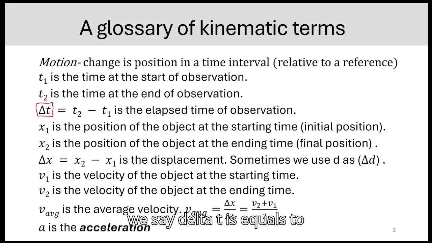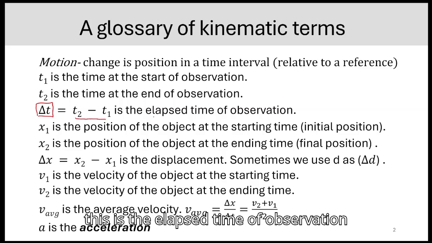We say delta t is equal to the change in time, or the time interval, and it's given by final time minus initial time, and basically this is the elapsed time of observation.